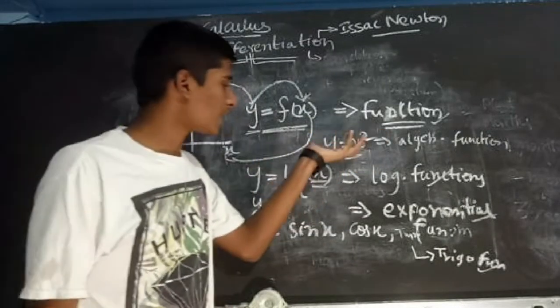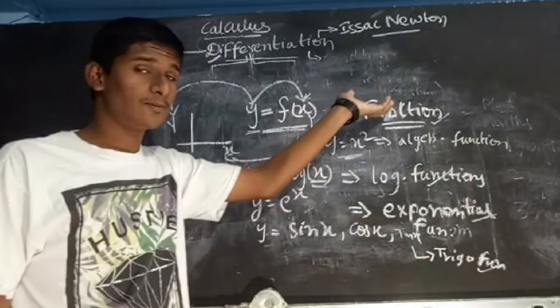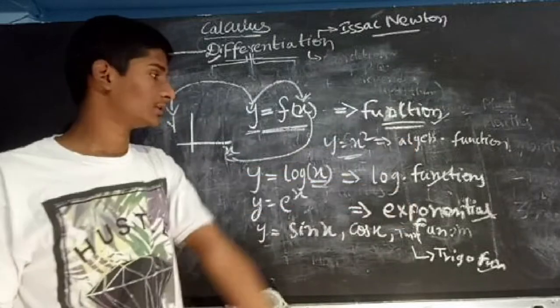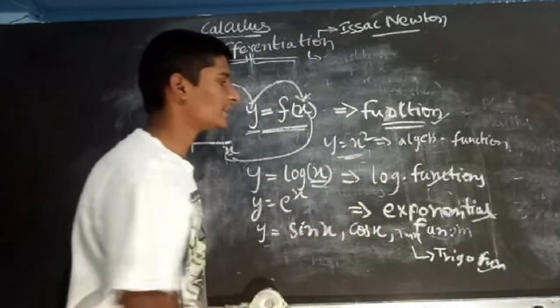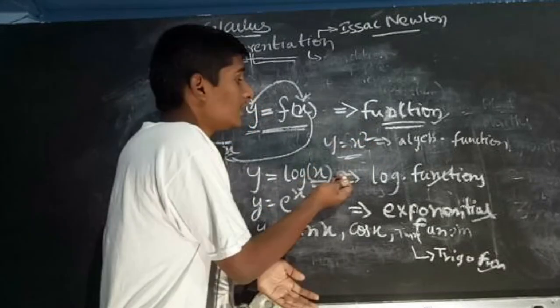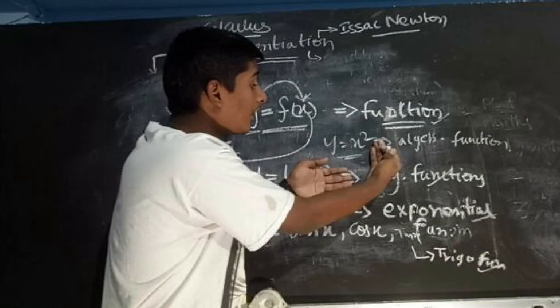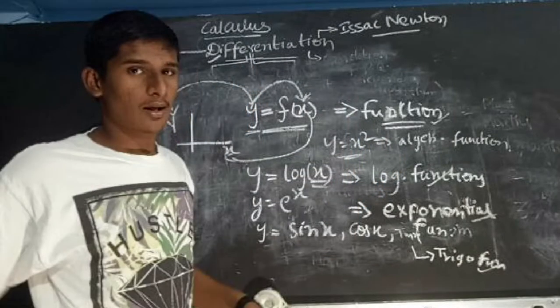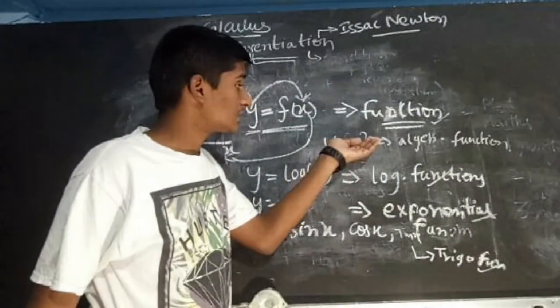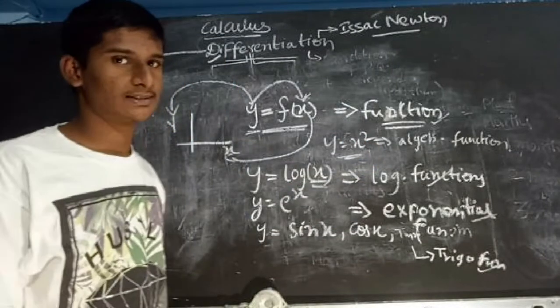So this type of function is called an algebraic function. y is a variable and x is a variable, and y is depending upon the square of x. So it is an algebraic square function.